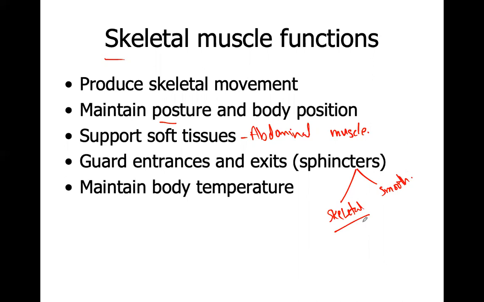For instance, you have that at the urethra, at the end of the urinary system, as well as at the end of the digestive system connecting to the anus. And a big factor: skeletal muscle plays a big role in maintaining your core body temperature at 37 degrees centigrade.